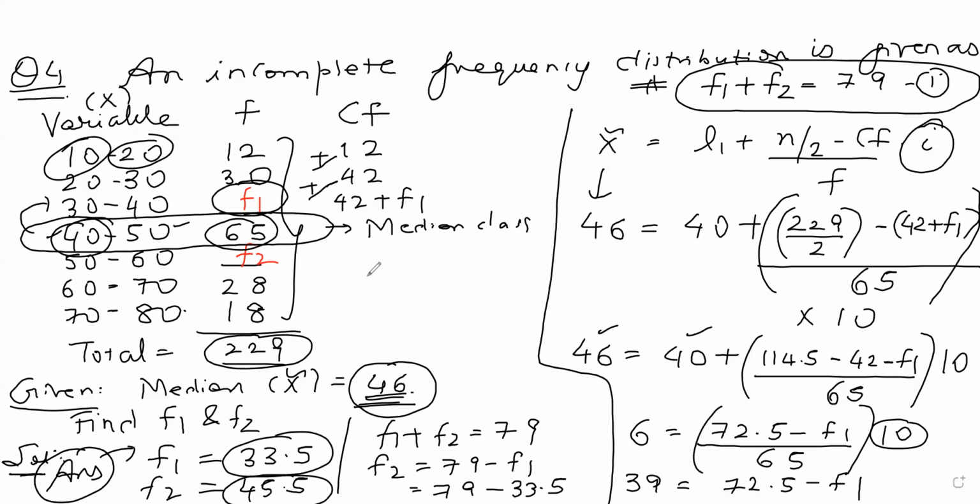So instead of 33.5, I can round it off to 34, and 45.5 I can just write as 45. So this is my answer if I assume that the frequencies cannot be in fractions.